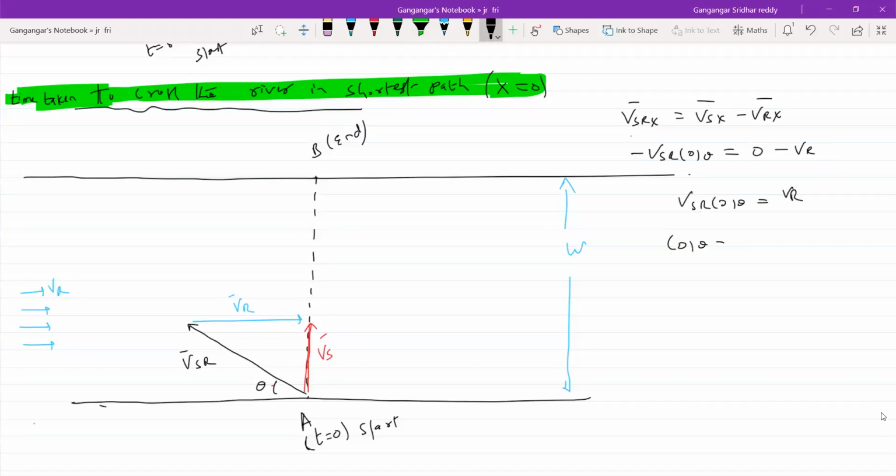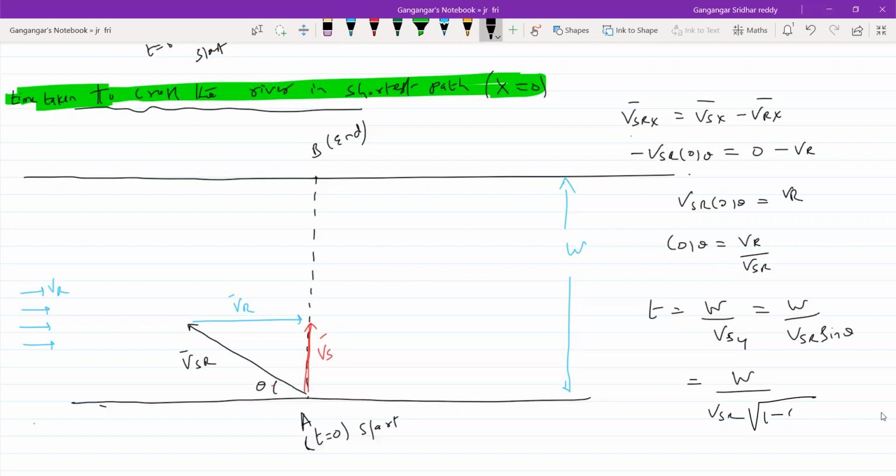So cos theta is VR by VSR. What was our question? Time taken to cross the river: W by VSY, that is W by VSR sine theta. Sine theta, what can you write? Root of 1 minus cos square theta.